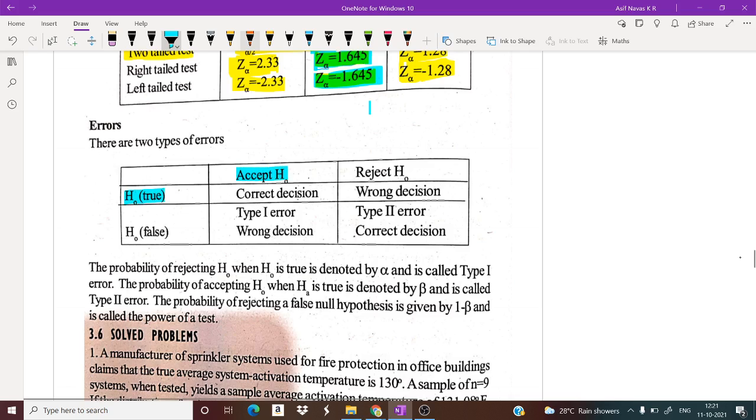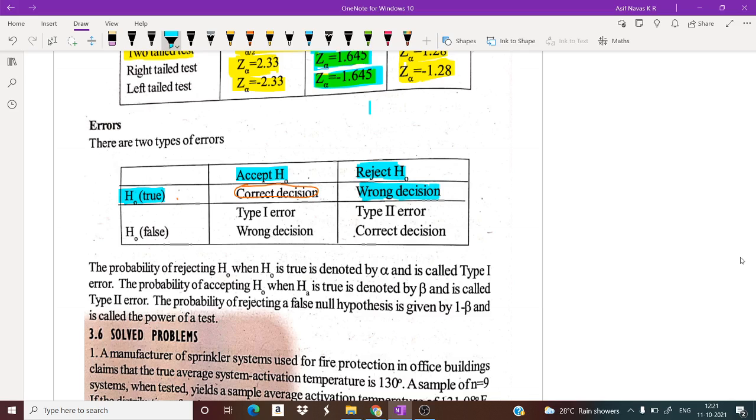That is a correct decision. Now if H naught is true and we reject H naught, that is a wrong decision.